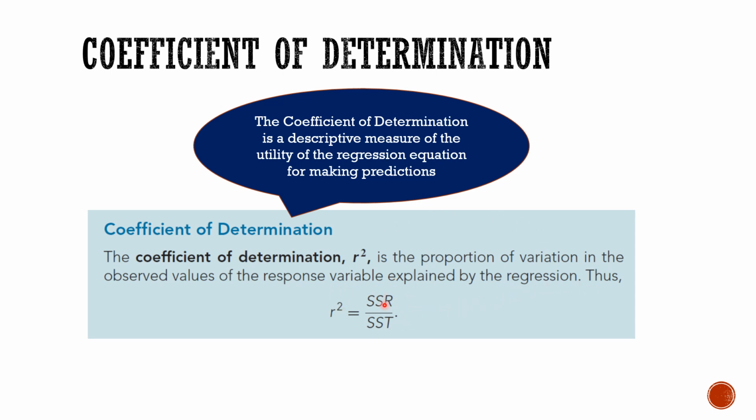The formula for it is SSR over SST, and in the next couple of slides, we will go through a simple example of how to calculate the r squared using the defining formula. And then later on in one of the worksheets, we will go through the process of using the computing formula, which is way faster than the defining formula if we have to work with a large volume of data.